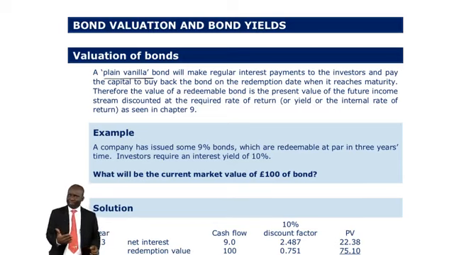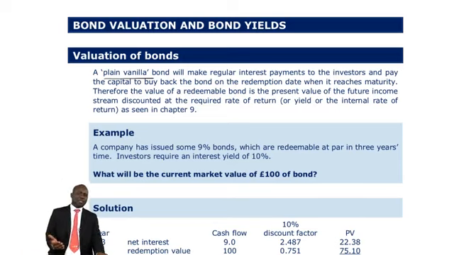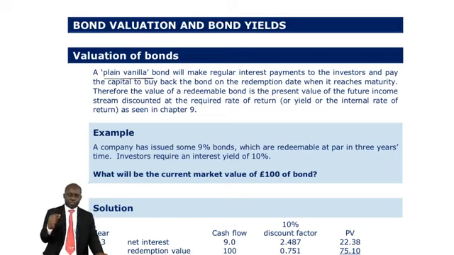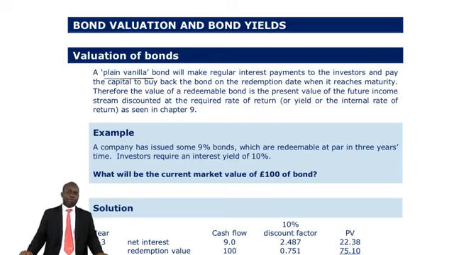So for a plain vanilla bond, or any bond that you want to calculate its value, it is the present value of the cash flows that go with it. But the cash flows associated with a plain vanilla bond is that every year I receive interest, and then the principal will be paid at the end.